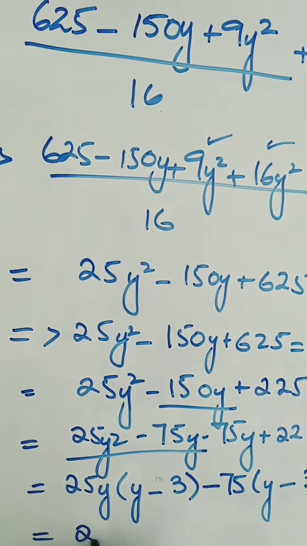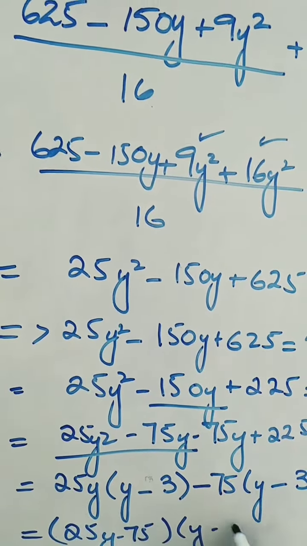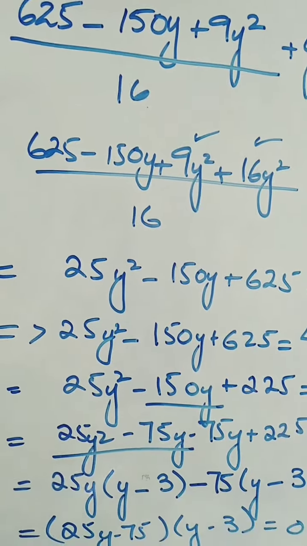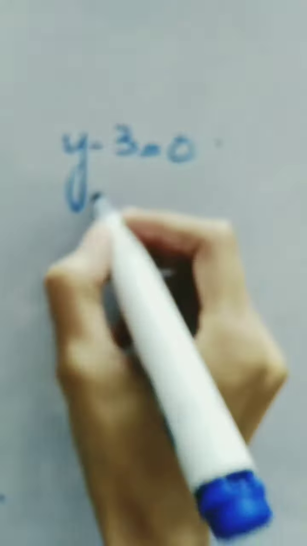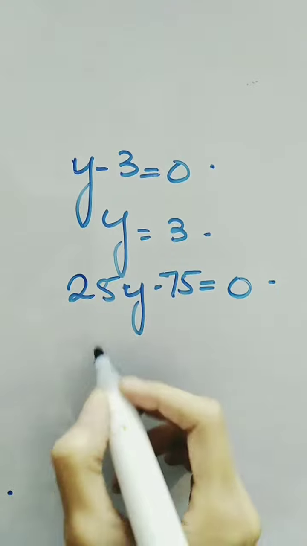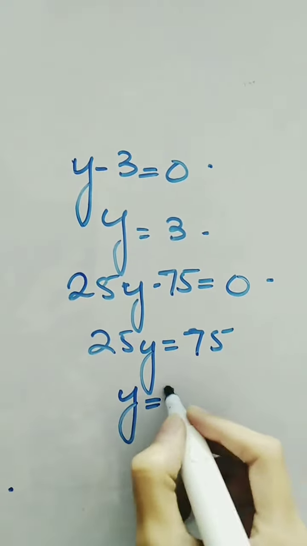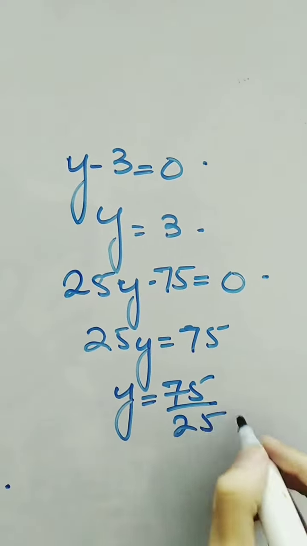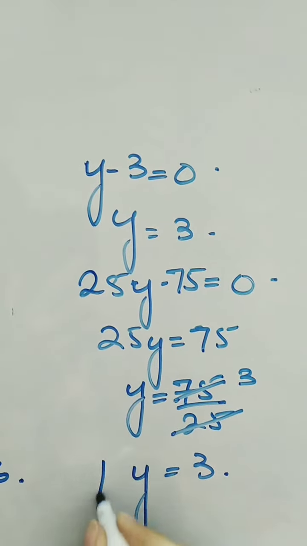Now we have 25y minus 75 and y minus 3 as our factors. y minus 3 is equals to 0 becomes y is equals to 3, and 25y minus 75 is equals to 0 becomes 25y is equals to 75, or y is equals to 75 over 25, and we still get the value of y as 3.